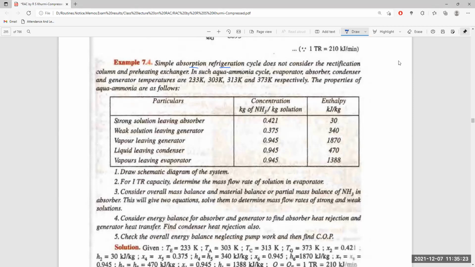The weak solution leaving the generator and going to the absorber again has an ammonia concentration of 0.037 and 340 kilojoule per kg enthalpy. The vapor leaving generator, 0.945, is equal to 1870.